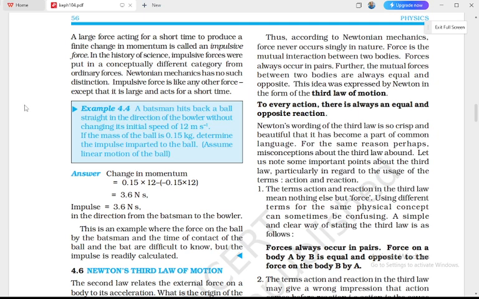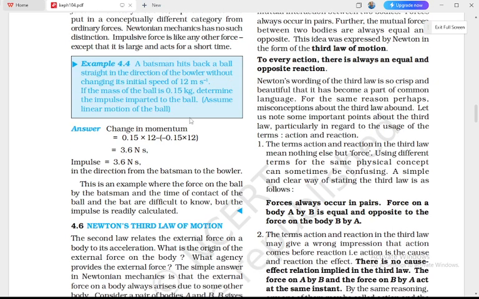To every action, there is always an equal and opposite reaction. Newton's wording of the third law is so crisp and beautiful that it has become a part of common language. For the same reason, perhaps, misconceptions about the third law abound. Let us note some important points about the third law, particularly in regard to the usage of the terms action and reaction.